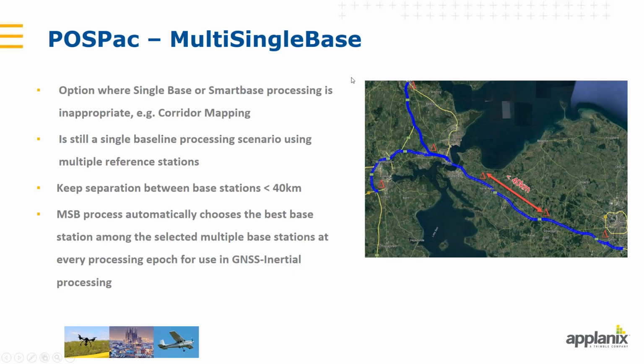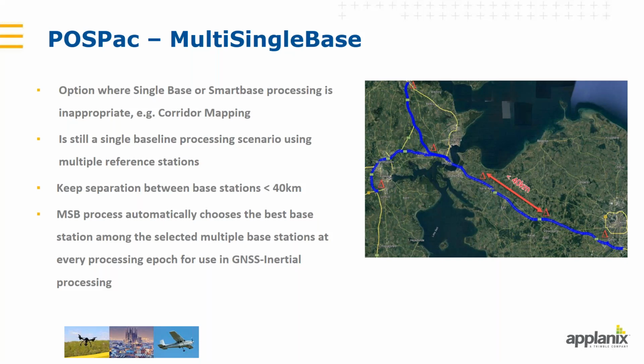Okay, the next processing mode is the multi-single base processing approach. This method is for situations where neither single base nor smart base is suitable, like corridor mapping. In this case, you can use multi-single base. Here you need multiple base stations again, which are located along the trajectory, as you can see in the screenshot.